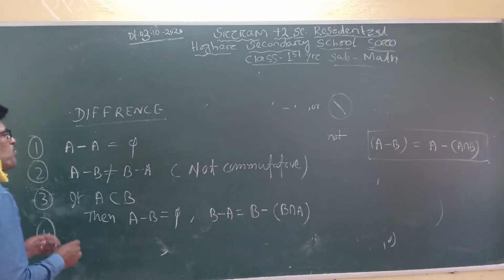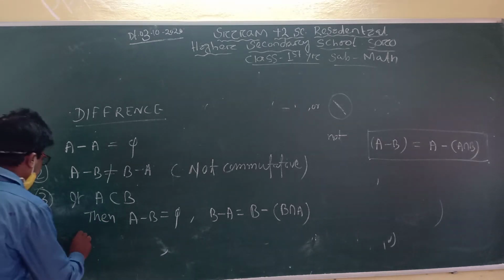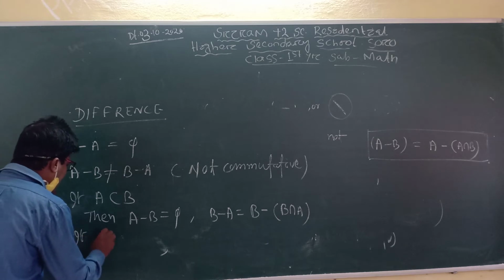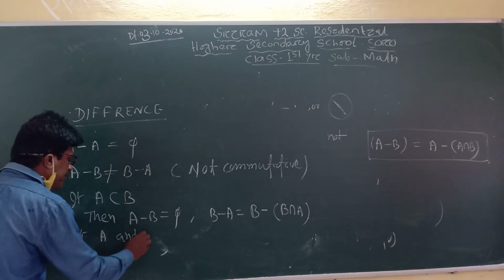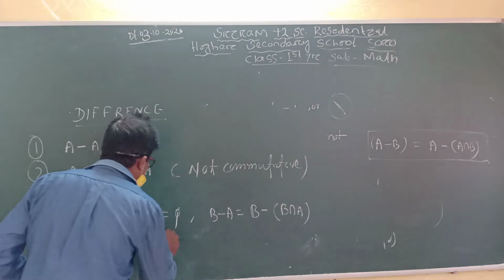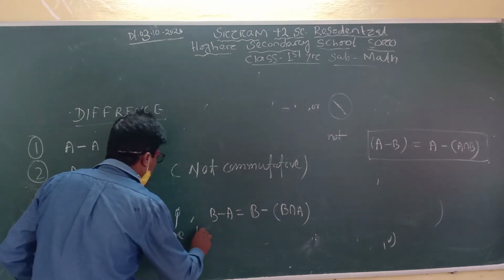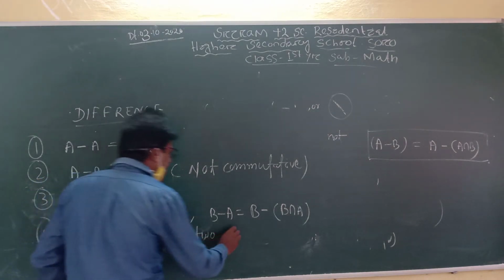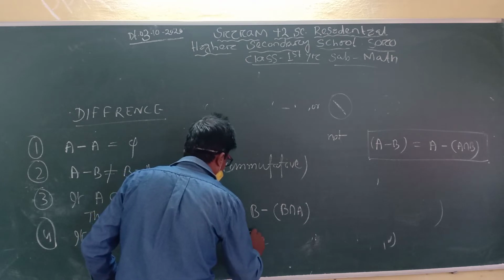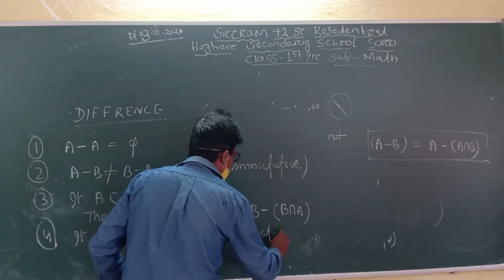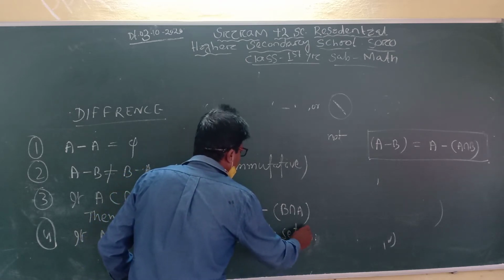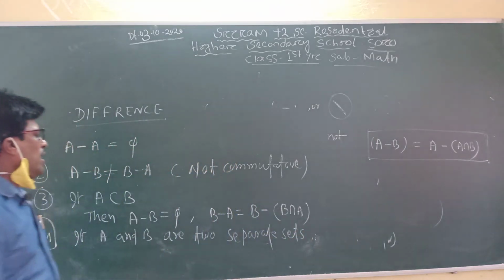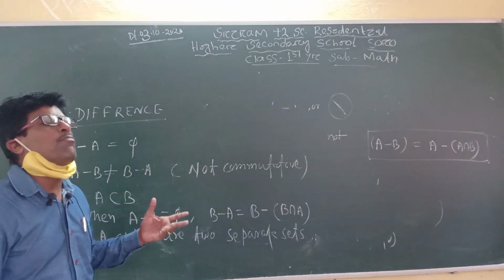Now the fourth part is if A and B are two separate sets. What do I mean by separate sets? Let A be equal to {1, 2, 3} and B equal to {5, 6, 7}.